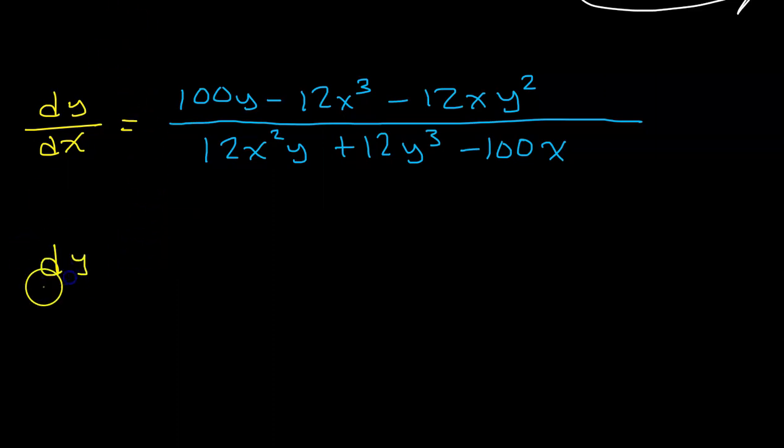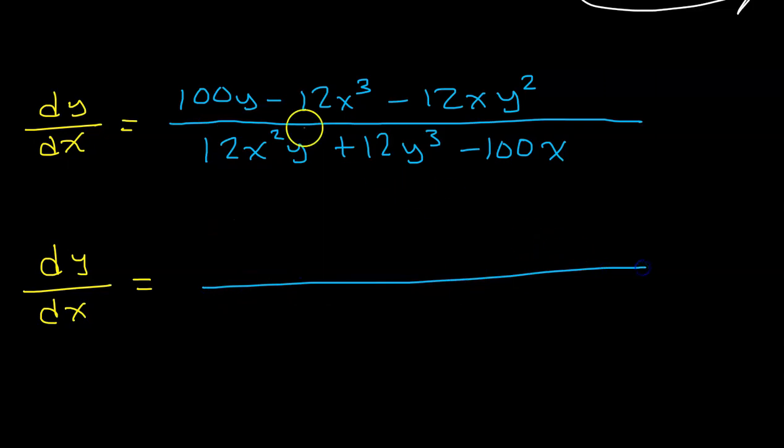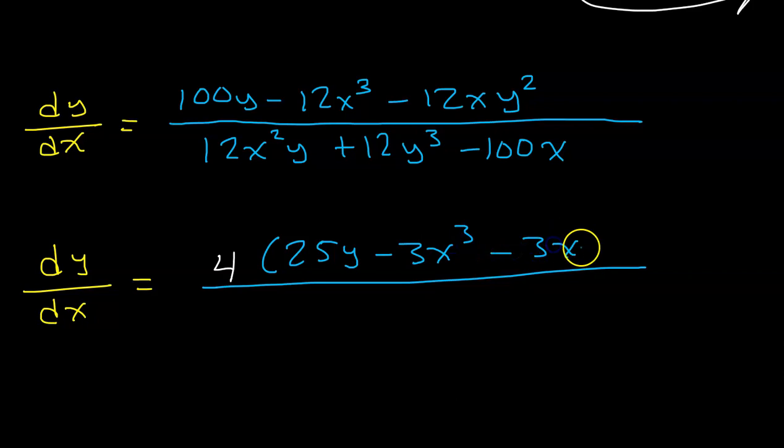So we could have dy dx equals, and if we take out a GCF of 4, then that's going to leave behind 25y minus 3x to the third power minus 3xy squared.